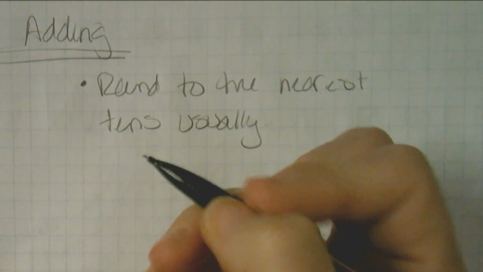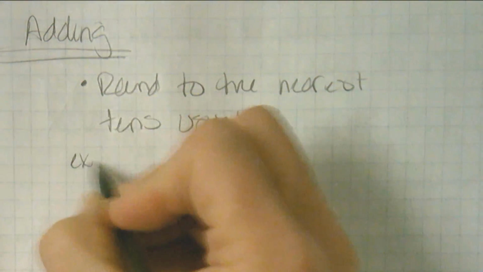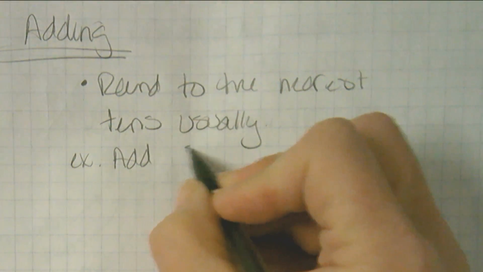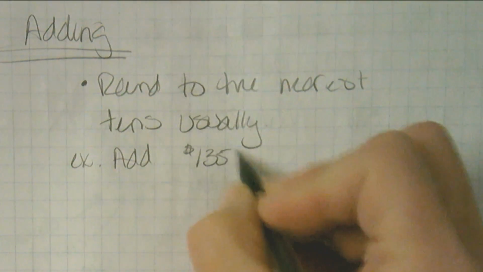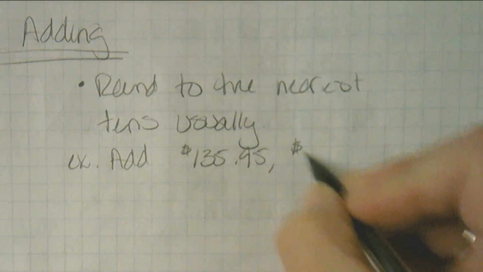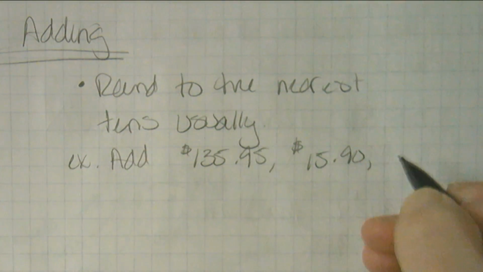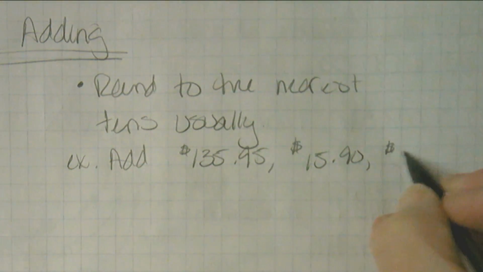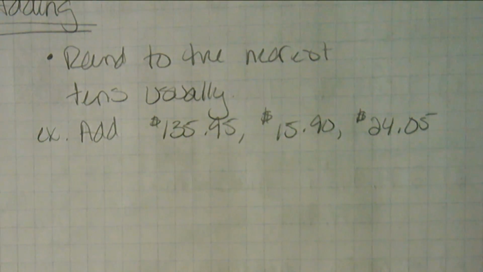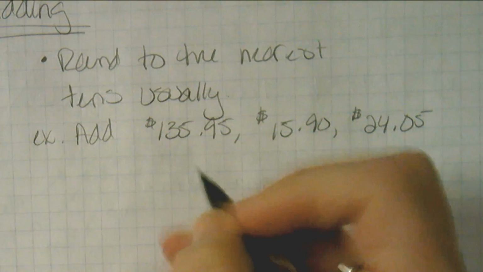All right, so let's do an example. If I say I want to add $135.95, $15.90, and $24.05. All right, so let's take a look at this.